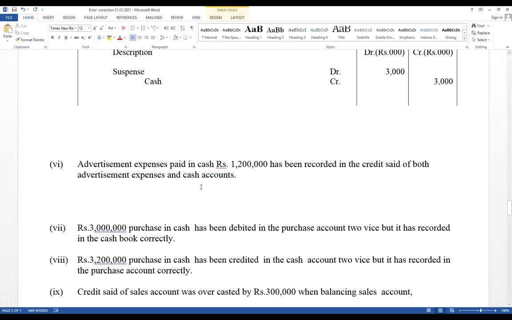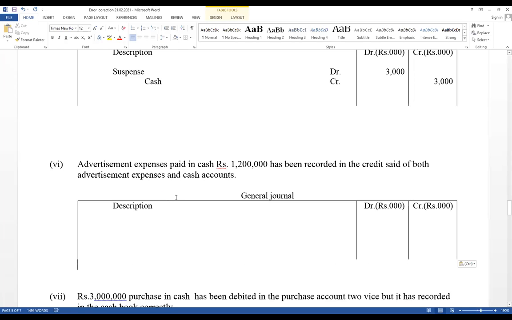Advertisement expense account should be debit, but in this example it has been recorded on the credit side. Therefore, now for correction: normally advertisement expense account debit, cash account credit. Cash account credit is okay, but advertisement expense account should be debit. But in this example, advertisement expense account was also recorded on the credit side. Therefore, now advertisement expense account debit twice.